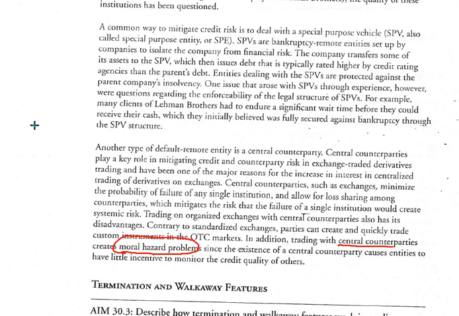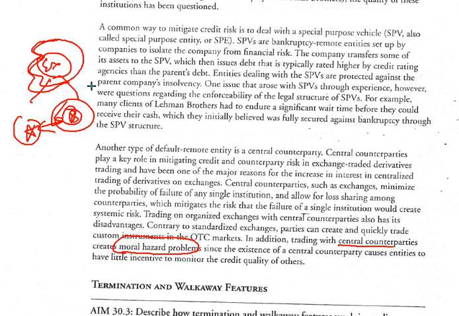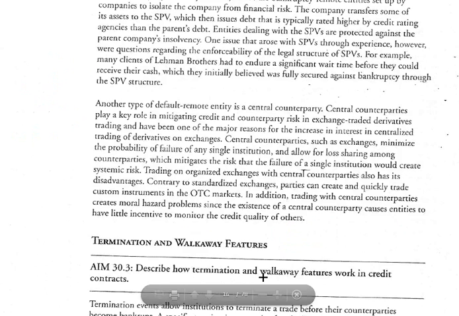As we saw in the previous chapter, when A and B are trading on an exchange, they are not worried about the credit characteristics of the other, because they know they will be protected by the exchange. The existence of a central counterparty gives entities little incentive to monitor the credit quality of the other. So this is the moral hazard problem.